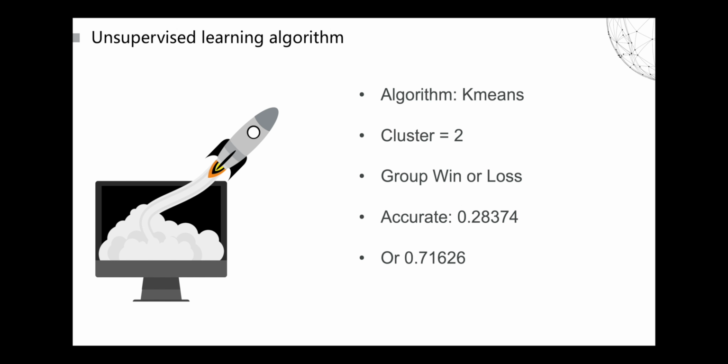The accuracy for the testing results is about 28%. But I think it just divided the data into two groups without labeling them. In other words, the accuracy is 72%, and this result really surprised me.